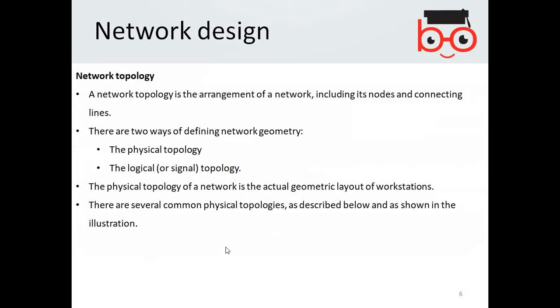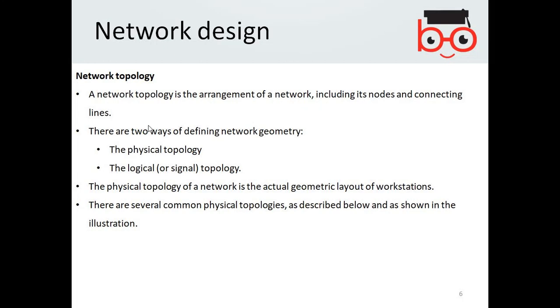And obviously, if it is a network, it needs to have a topology, the physical structure. A network topology is the arrangement of a network, including its nodes and connecting lines. You need to look at the network topology as well, what topology would be used for your solution.